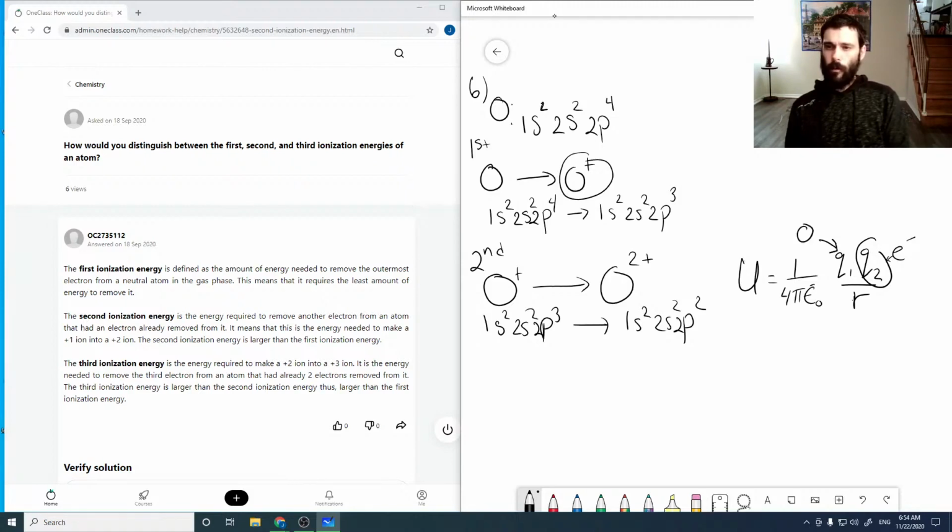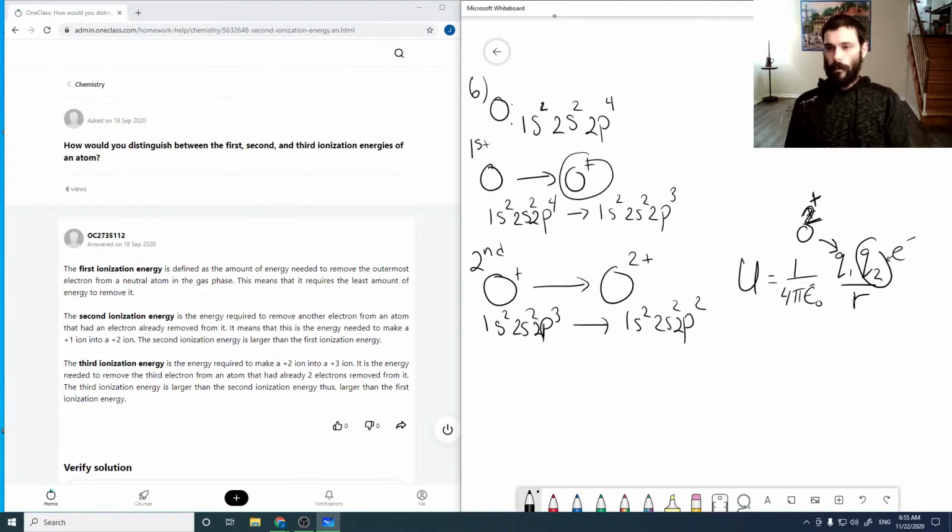So this is our O2 plus species, as it's everything except that electron. So we're trying to remove the electron from that species.